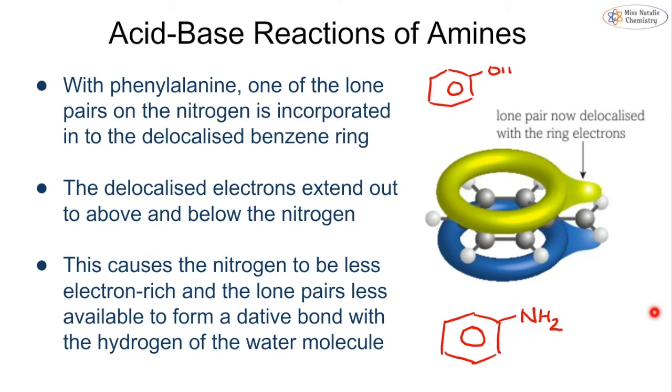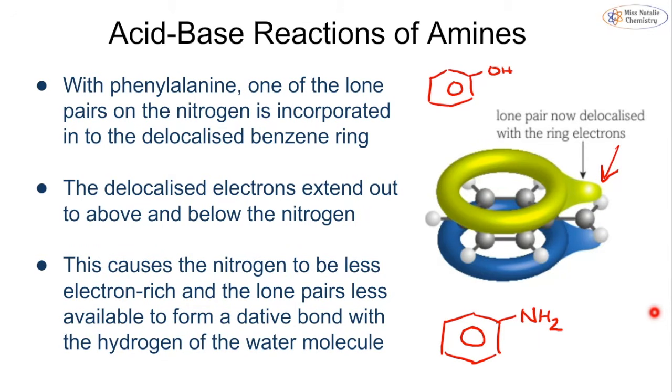If you remember back to topic 18, we discussed how the lone pairs in the oxygen in phenol join in with the delocalization and the carbon ring structure, and phenylamine is very much the same. The lone pair on the nitrogen is incorporated into the delocalized benzene ring, and that delocalization allows the ring to then extend out to above and below the nitrogen.